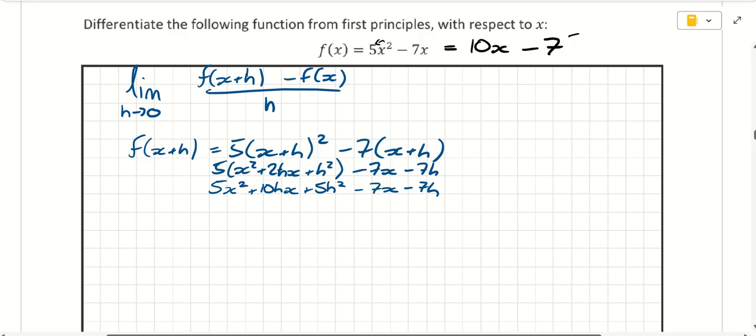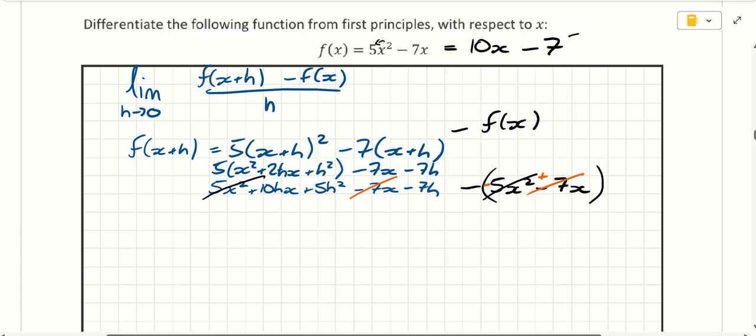So you've got all these things, but then you are going to want to minus f of x off it. So we will need to minus 5x squared minus 7x. So it'll be a minus 5x squared and a plus 7x. So you'll see what happens there. The 5x squared will be gone with that, and the minus 7x will be cancelled off with that.